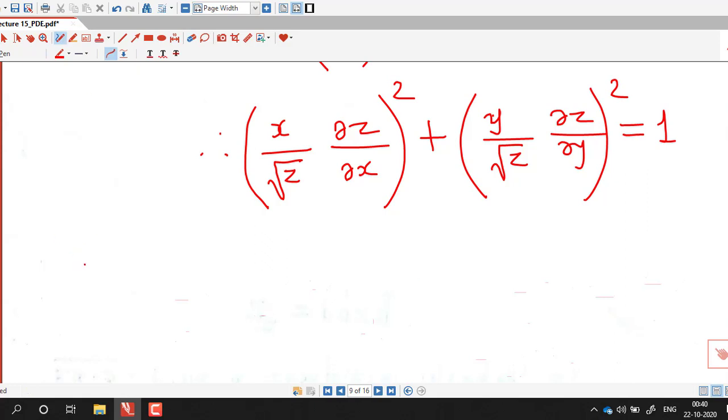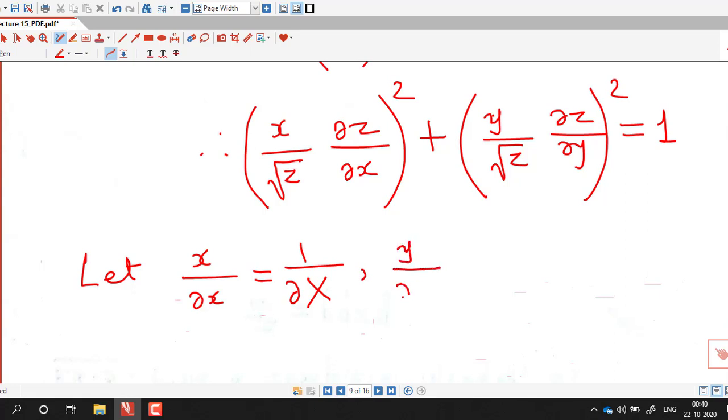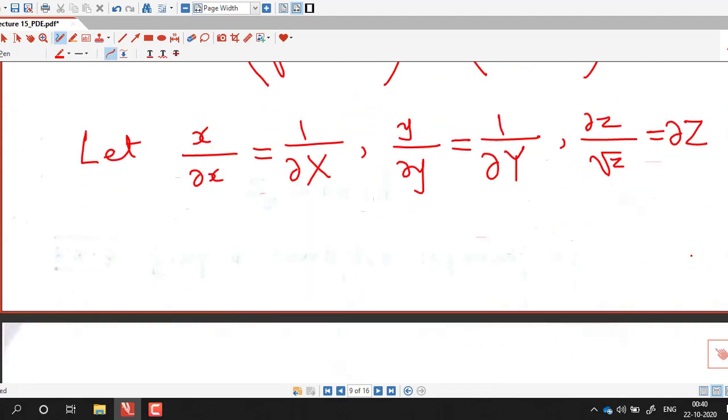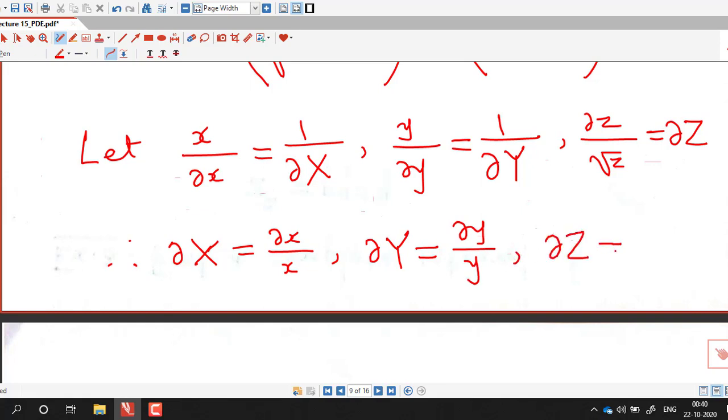So if I take del x by x equal to del capital X, del y upon y equal to del capital Y, del z by under root z equal to say del capital Z, and this I can rewrite as del capital X equal to del x by x, del capital Y equal to del y upon y, and del capital Z, this I can rewrite as z to the power minus 1 by 2 del z.